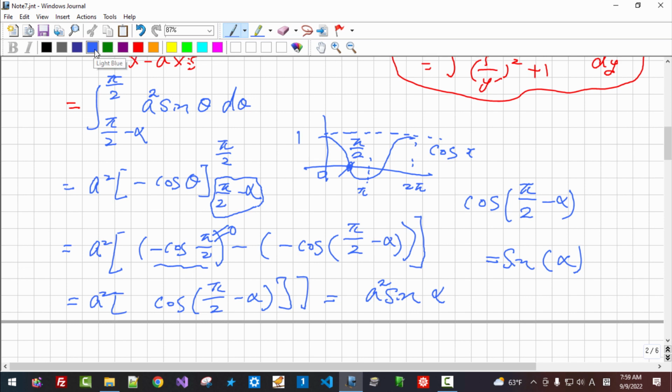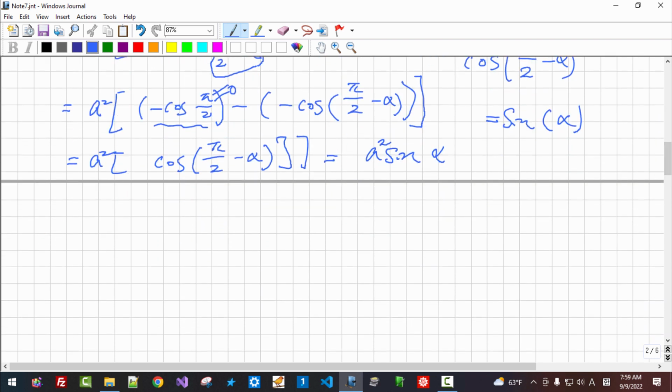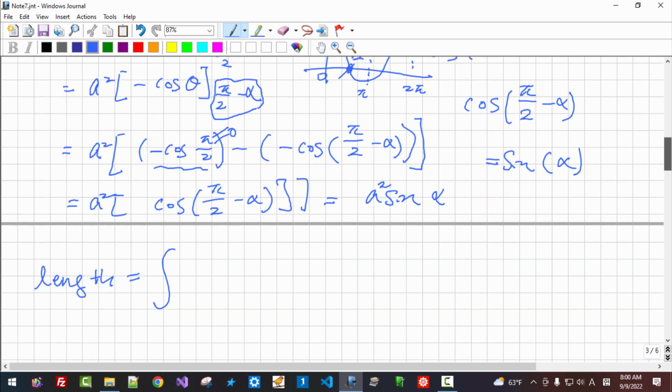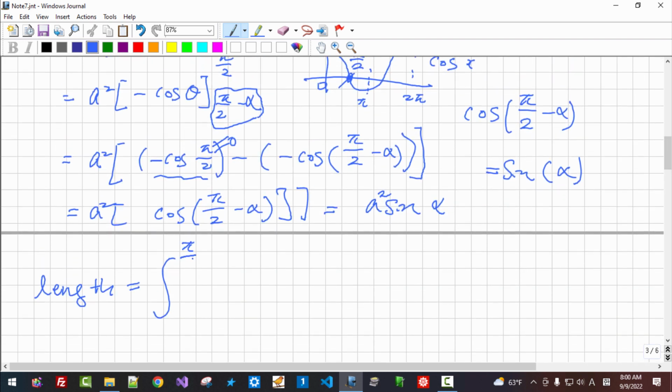Now we need to compute the length. Length is very simple. The integral from pi over 2 minus alpha to pi over 2 of r d theta. This r is a. So a theta from pi over 2 minus alpha to pi over 2.